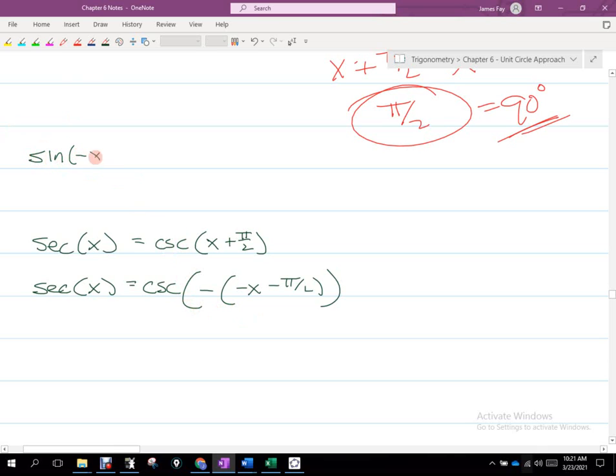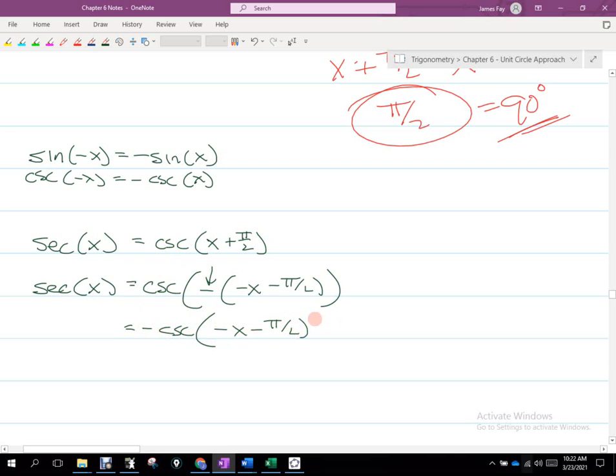So the sine said the sine of negative x is equal to the opposite of sine of x. So the cosecant of negative x is going to equal the opposite of cosecant of positive x. So basically that negative right there is going to be brought out front, negative cosecant of negative x minus pi over 2.